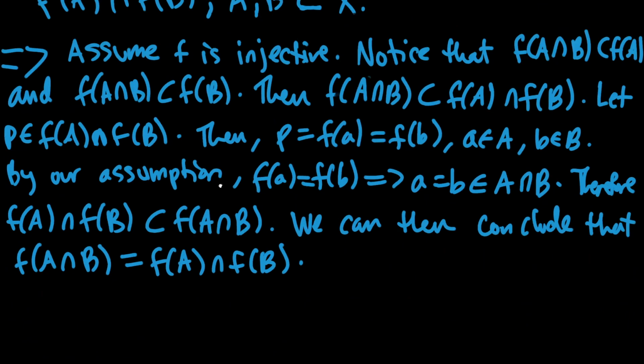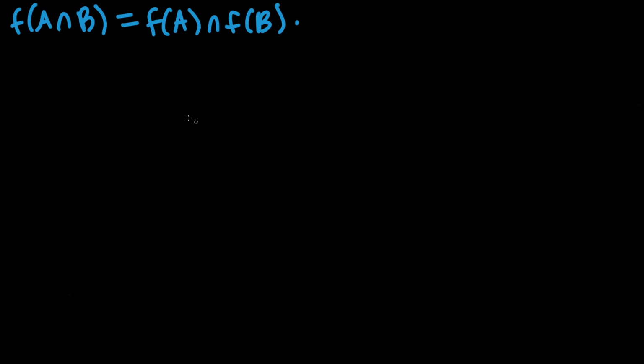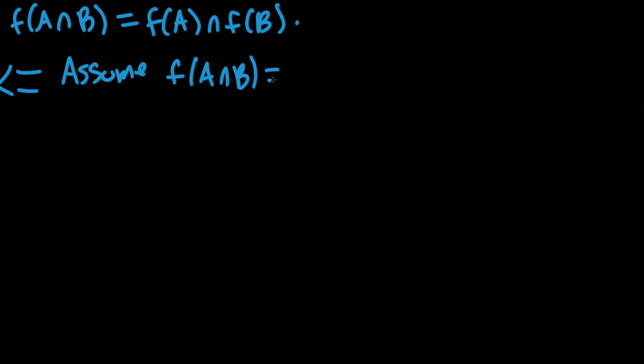So now we need to do the other direction of the proof, and we'll go ahead and do that down here. So we're doing the backwards direction of the proof. Now we need to assume that f of A intersect B equals f of A intersect f of B. Okay, so let's go ahead and start this off.